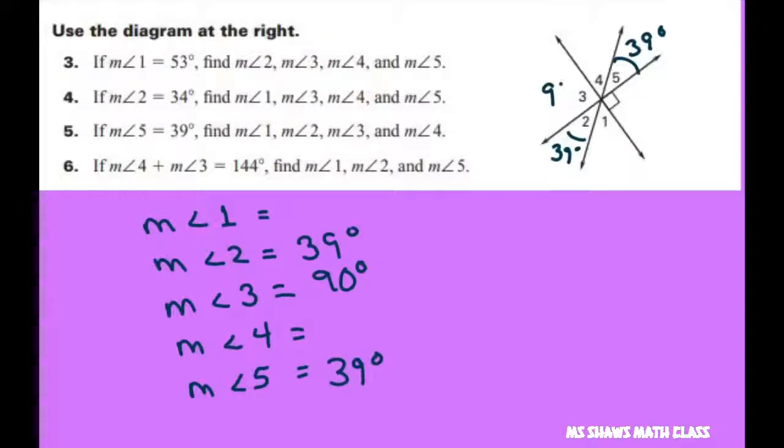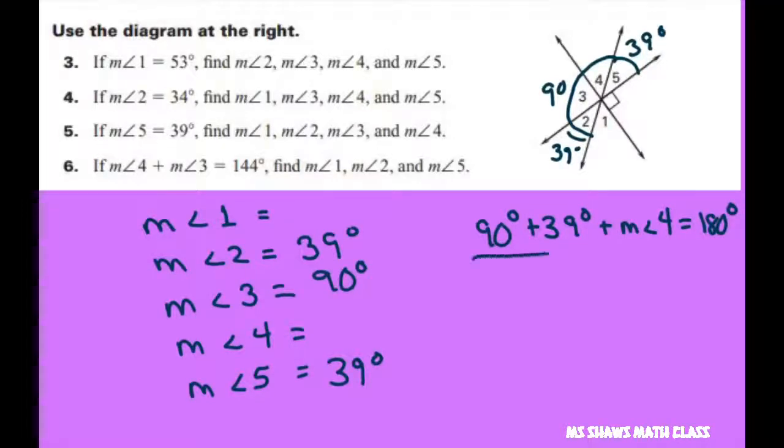This is 90. So if we want to use the supplementary angle theorem, we can add these up. 90 plus 39 plus the measure of angle 4 equals 180 degrees. So this is going to be 129 plus the measure of angle 4 equals 180 degrees.